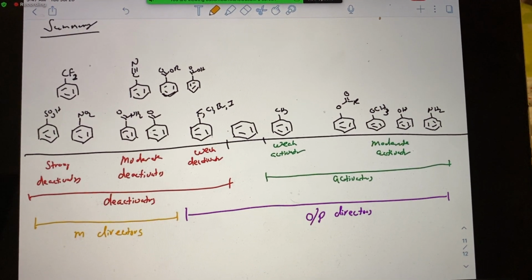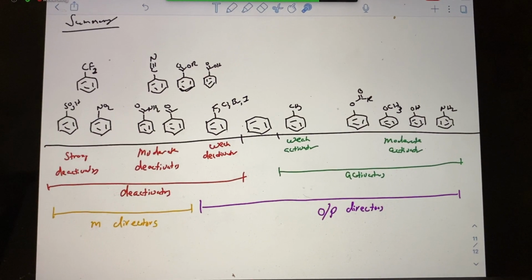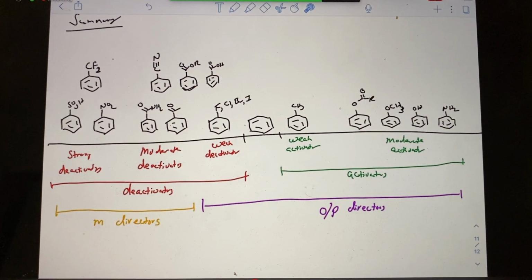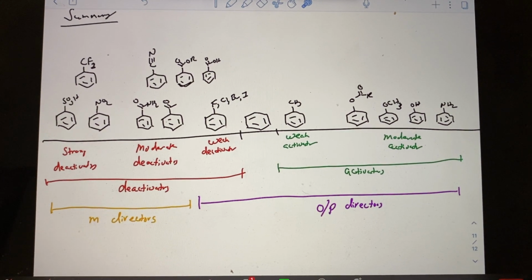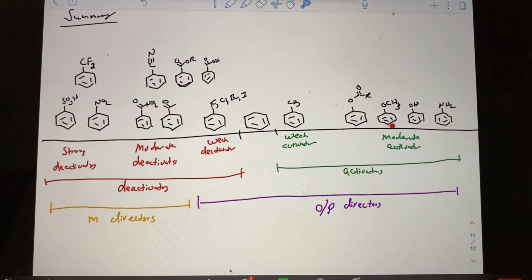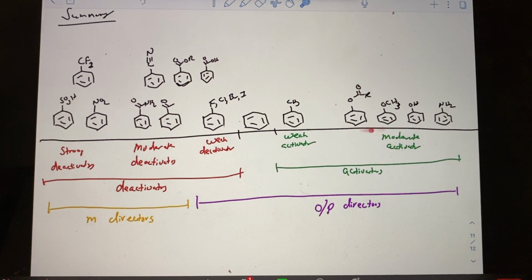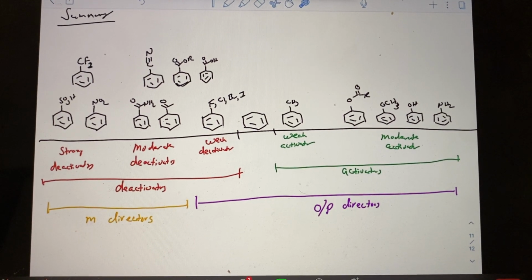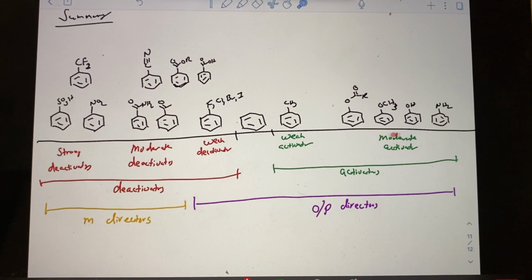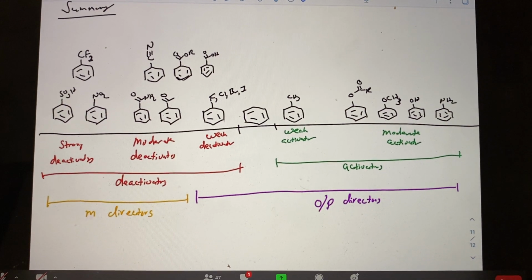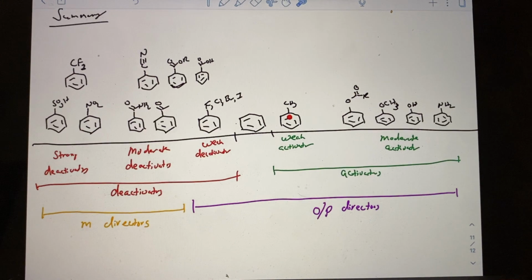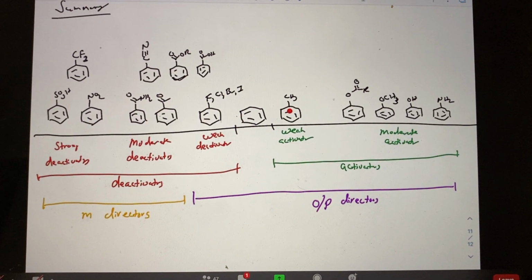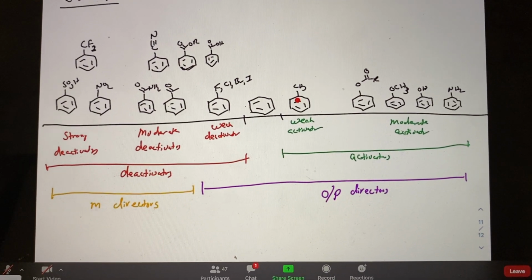So a couple of things to put this into perspective, and then to the questions. And I don't expect us to memorize necessarily strong versus moderate, or parse out over here on the right side which one is more moderate. But the key thing is, for activators and ortho-para directors, notice they can either be weak and have an alkyl group attached to the benzene ring, or they have a functional group that has lone pairs.